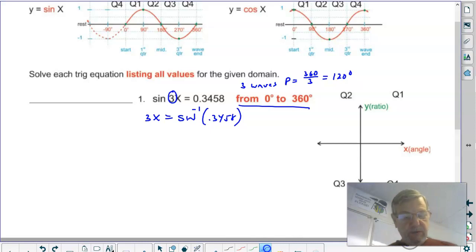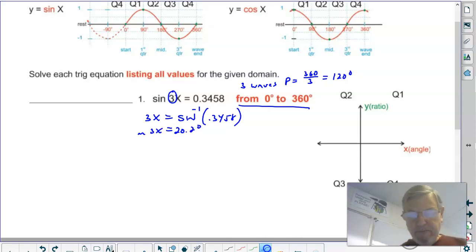So you're going to have to use your sine to the -1 of 0.3458. I'm punching that in. Sine to the -1, and I got 20.2 degrees. So the measure of 3x equals 20.2 degrees.